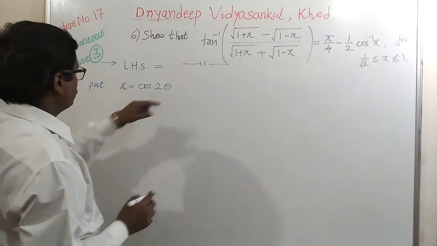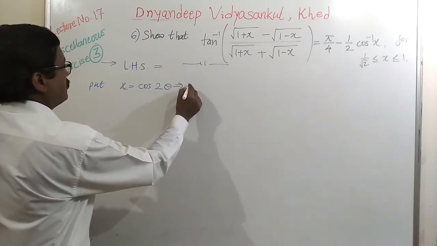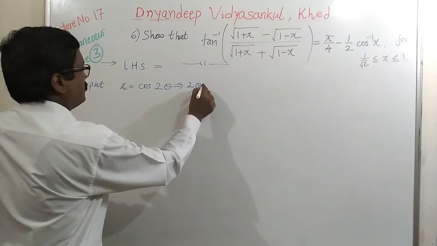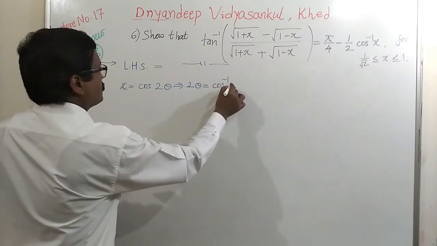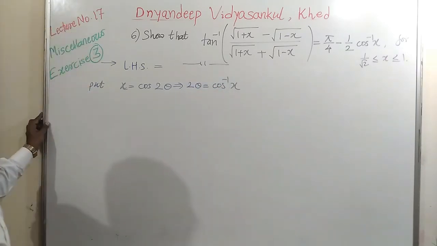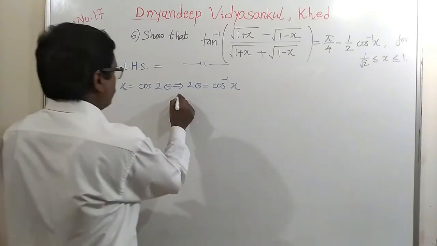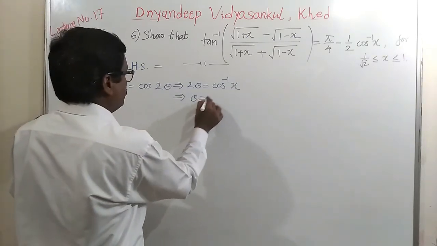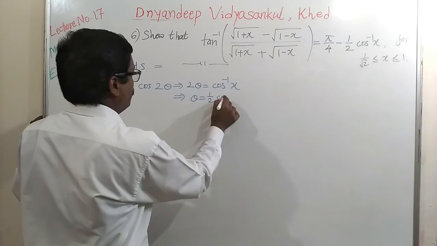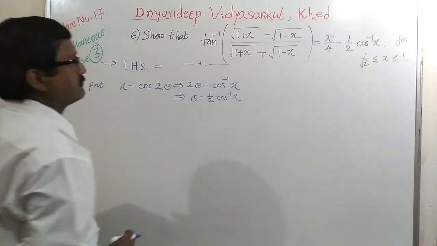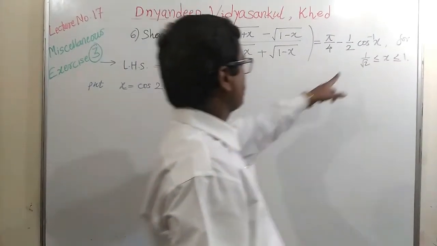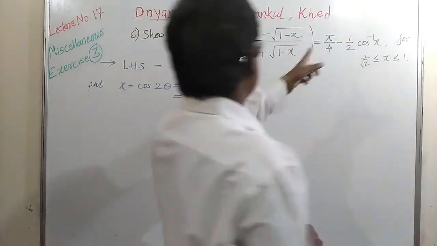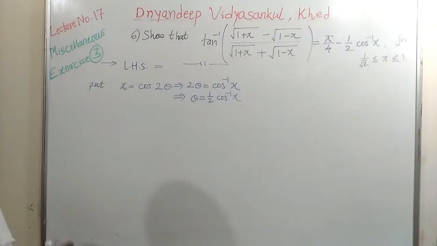If x equal to cos 2 theta, it implies 2 theta is equal to cos inverse of x, that is theta is equal to half of cos inverse of x. This half of cos inverse x is here, so obviously we will get theta there.